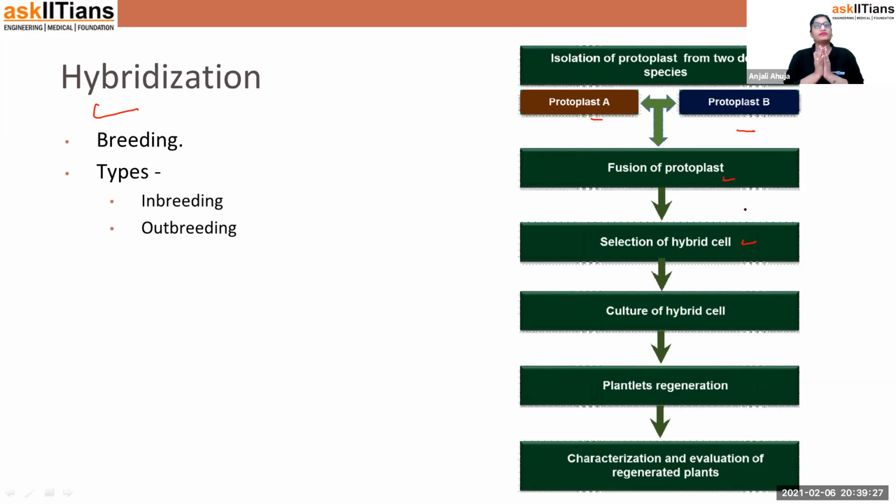Out of all the hybrid cells, they select the best cell, which has the best metabolic reactions and growth, and then they culture it. Culture means they're growing it in a nutrient medium. Guys, in biology, wherever they use the word culture, it means growing it in a nutrient medium.